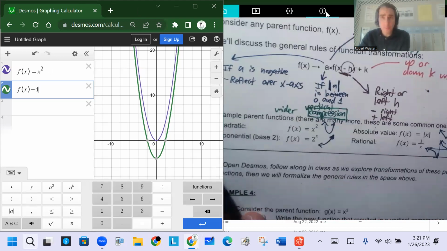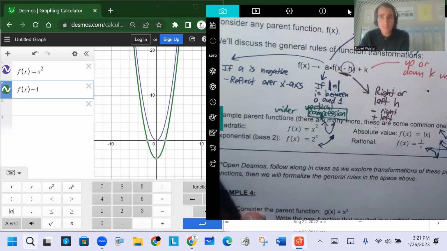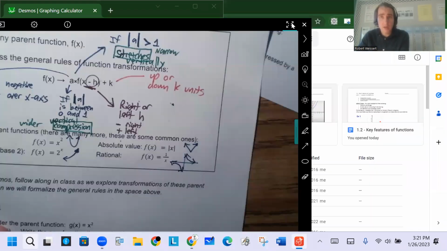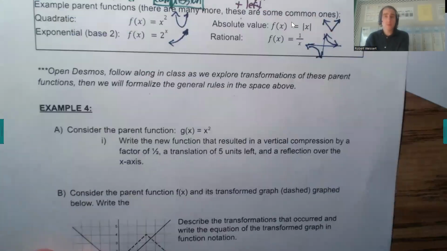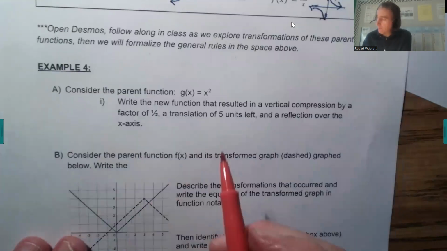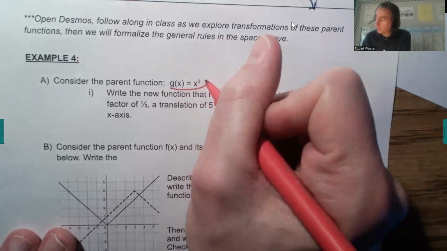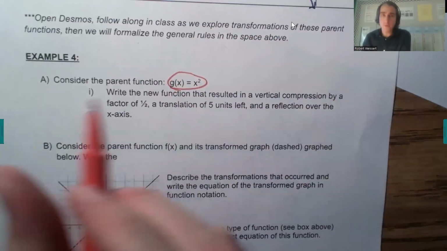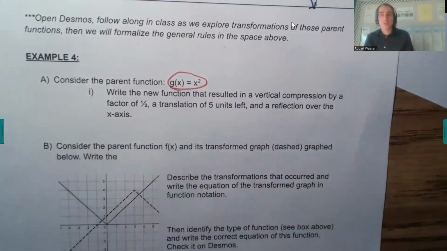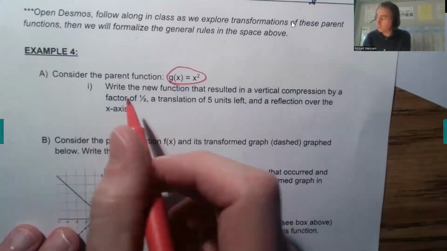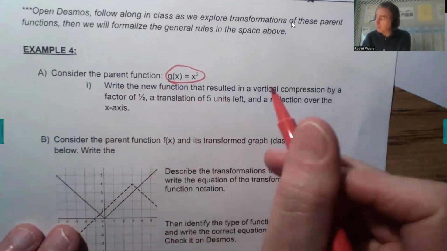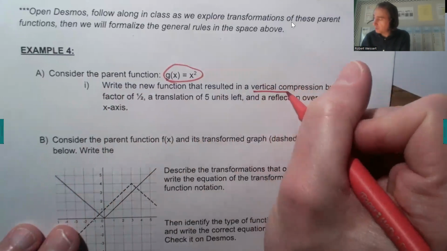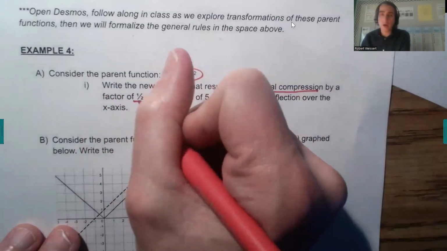So let's go ahead and work on the last example here. And we'll do this on paper, and then we can check it with the graph. So we have our parent function here, g of x is equal to x squared. And what we want to first come up with is a new function based off of the description here. So it says write the new function that resulted in a vertical compression by a factor of 1/2.